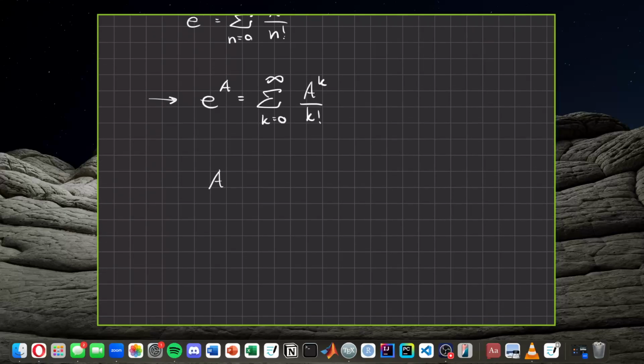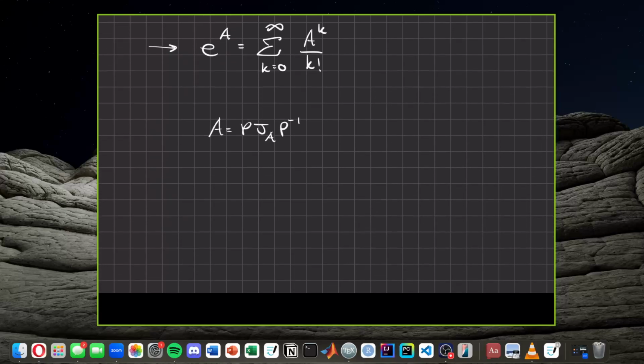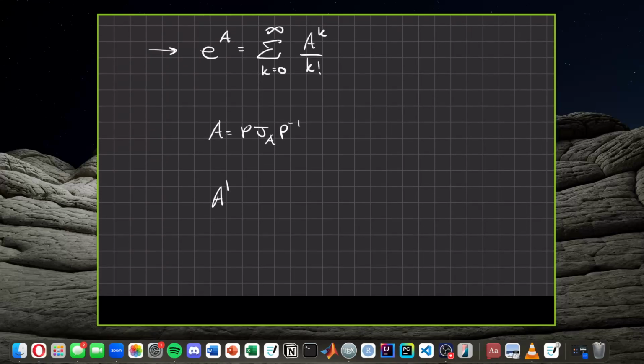We have A equals P J A P inverse. So how can we fit this new idea of raising a matrix to a power and consider this decomposition P J P inverse for any power of A that we'll call k? So this would be A to the k equals P J sub A to the kth power P inverse.